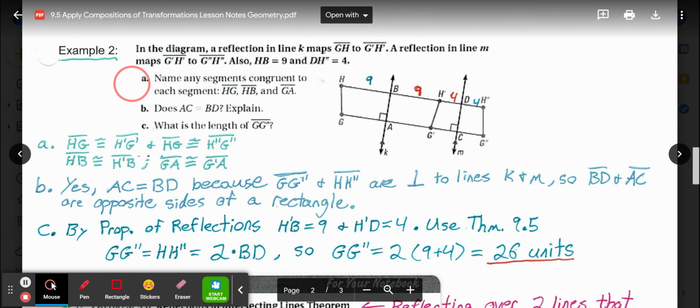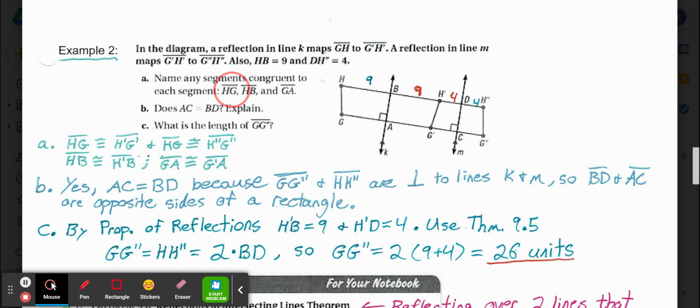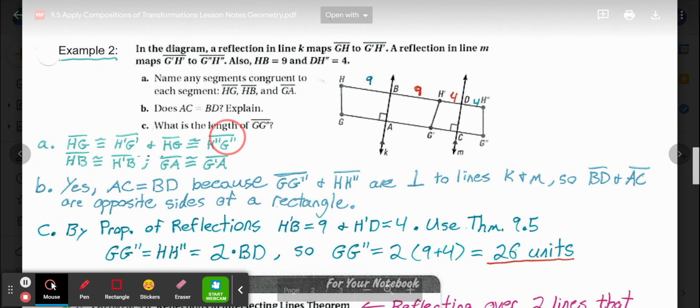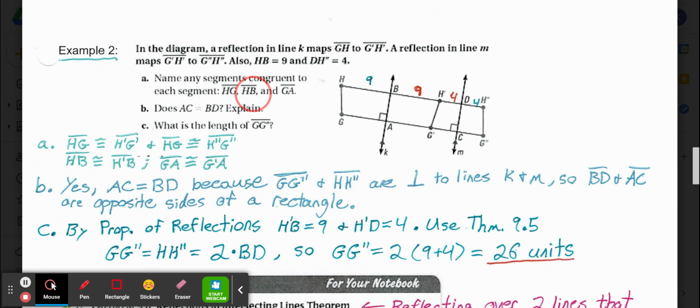So let's first deal with part A. Name any segments congruent to the following. So first off, any segments congruent to HG. So HG here would be congruent to H prime G prime, and it would be congruent to H double prime G double prime. Segment HB.